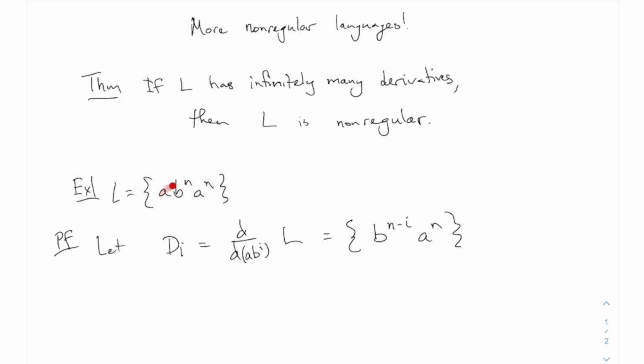The language as it used to exist is this, but I'm canceling the first a plus some of the b's at the beginning. And now it looks like this: b to the n minus i, followed by a to the n. The point is that those sets are always going to be different for various values of i. So these di are all different since, for example, in di we have i fewer b's than a's, the same kind of thing I wrote in every example last time.